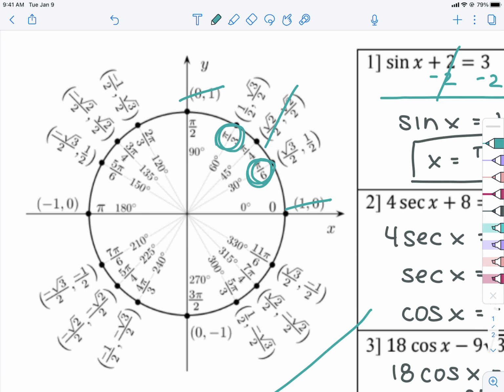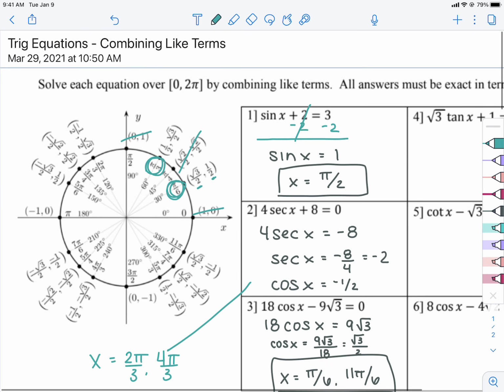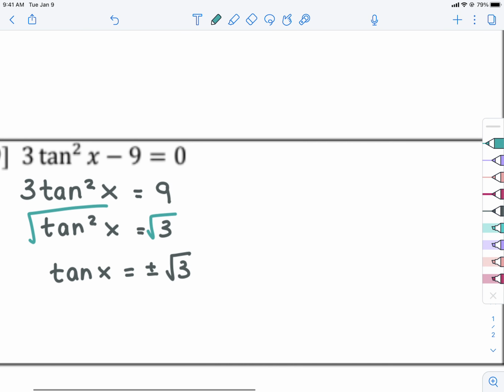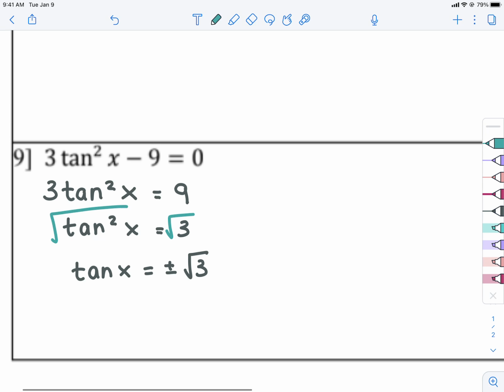So my coordinates for pi over 6 are 1/2 and root 3 over 2. So I'm going to take 1/2 and divide it by root 3 over 2. And I'm just going to check to see if it ends up being root 3. So if I have 1/2 divided by root 3 over 2, I'm going to keep it as 1/2.